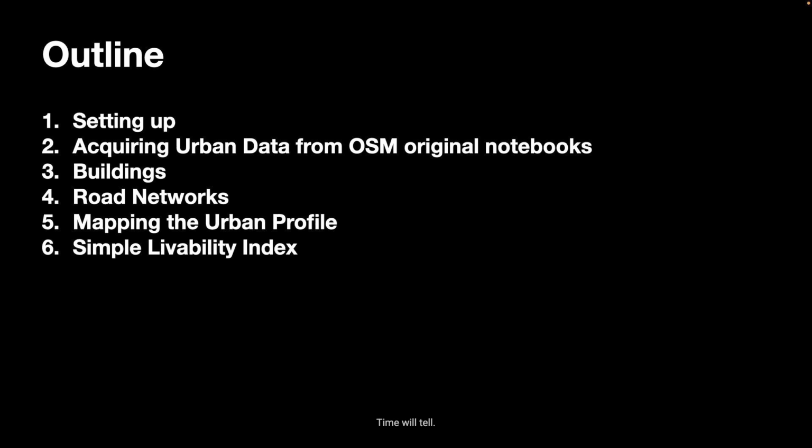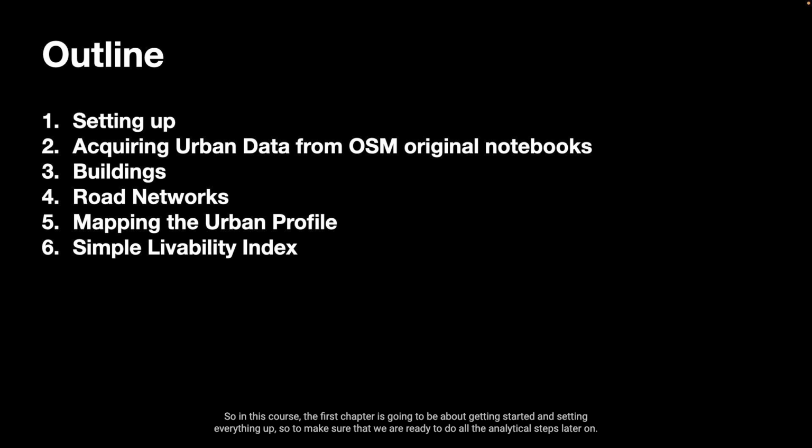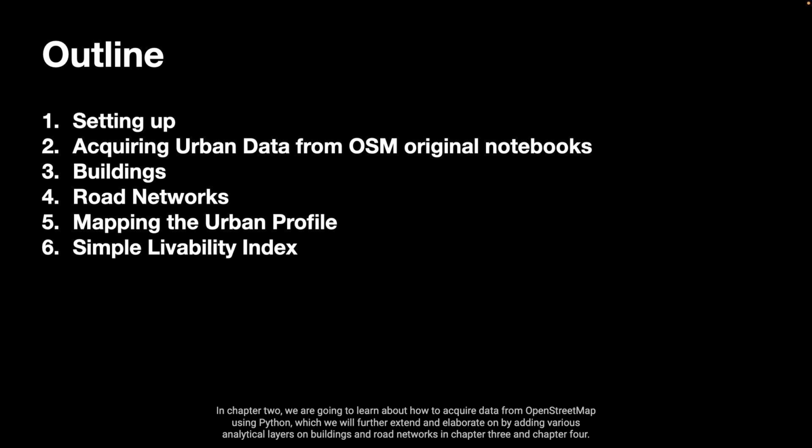Time will tell. So in this course, the first chapter is going to be about getting started and setting everything up, to make sure that we are ready to do all the analytical steps later on. In Chapter 2, we are going to learn how to acquire data from OpenStreetMap using Python, which we will further extend and elaborate on by adding various analytical layers on buildings and road networks in Chapter 3 and Chapter 4.